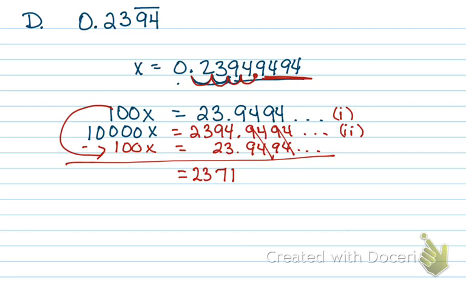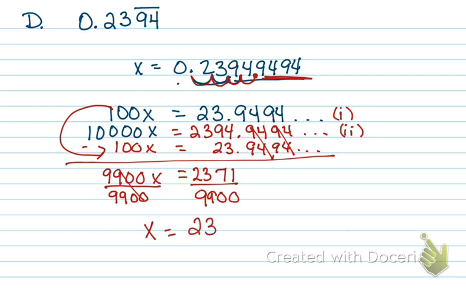We're going to get 9900x, and then we would divide by that to find out what x is on both sides. So we have x is equal to 2371 over 9900.